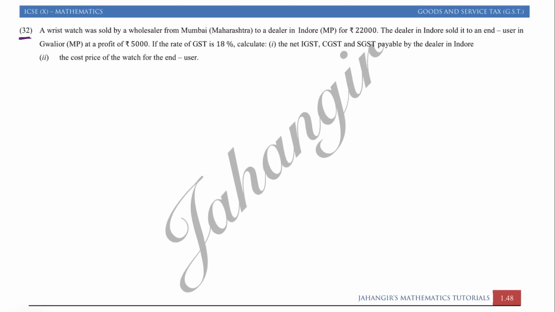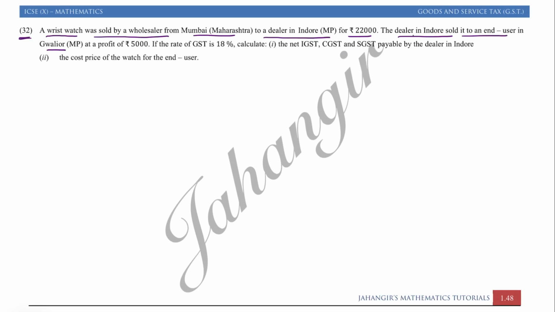Question 32. It's the same type of question, an adjustment one, where we have to adjust input tax. Here a wristwatch was sold by the wholesaler from Mumbai to the dealer in Indore, MP for rupees 22,000. Now the dealer in Indore sold it to the end user in Gwalior, MP.